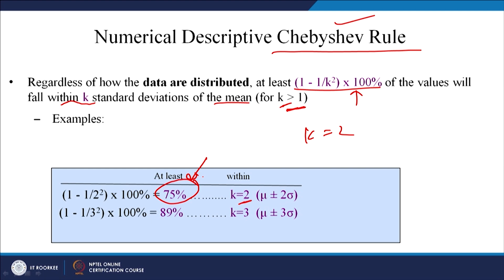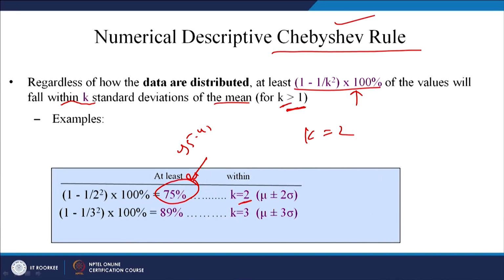What was the case in the earlier example where we had a normal distribution? It was 95 point some 4 point, approximately this much, but here it is only 75%. When k is equal to 3, put k is equal to 3 in this equation, you will get 89%.